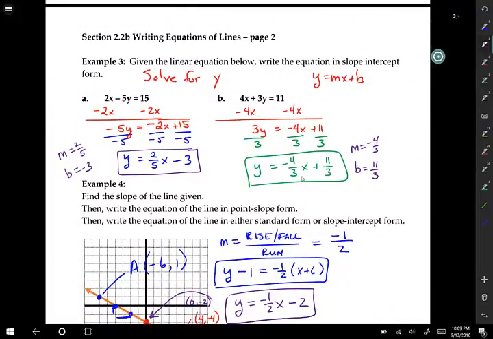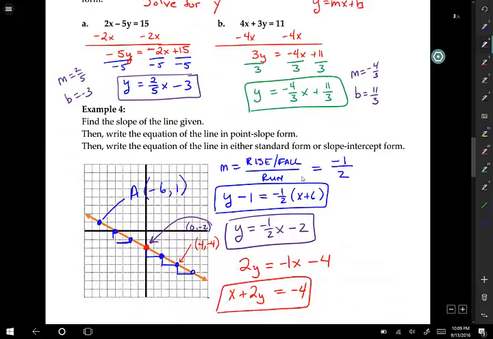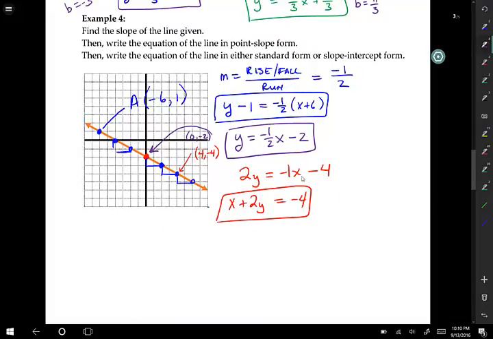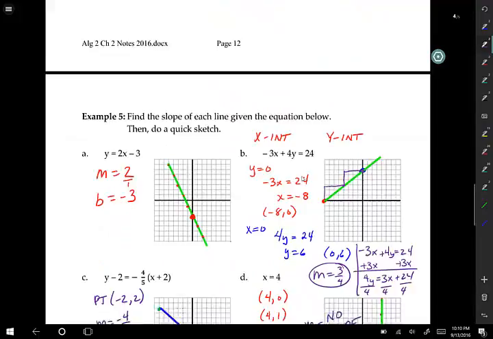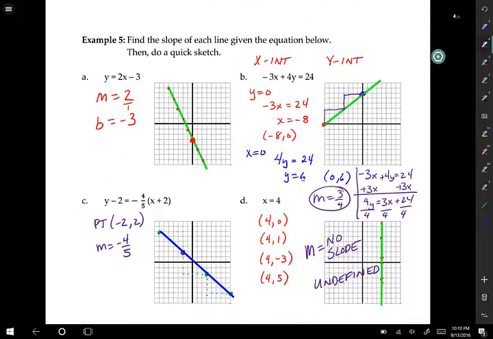We then realized that we could solve for y to find slope intercept form, which gives us the slope and the y-intercept, which are often easy to graph with. Then we used a graph to find points, from which we found the point slope form. And then finally we took a variety of different types of equations and we drew them on their graphs with a quick sketch. We found the slopes of each of those as well.